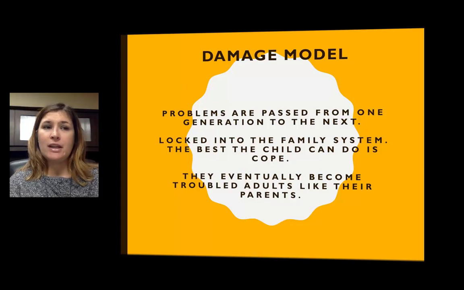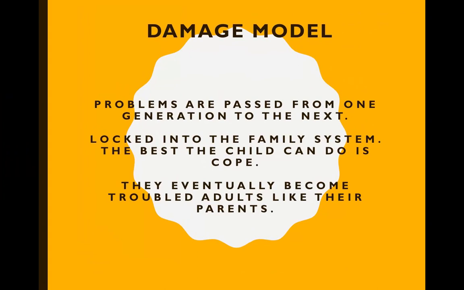The damage model adheres to the idea that children can be harmed by a singular influence from their parents, and that because of this, children from troubled families are more passive, vulnerable, and locked into the family system. There is a lot of research to back up the damage model with negative intergenerational patterns that are often passed from one generation to another.